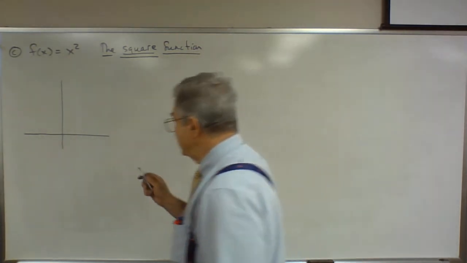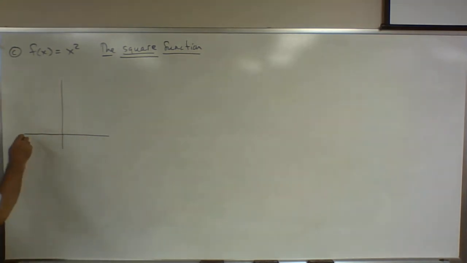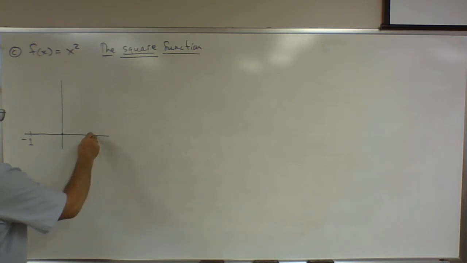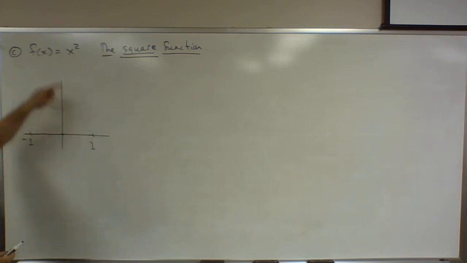I'm going to take x values, -1, +1, and 0, and I'm going to take these 3 values of x and plug them into the function to get my x squared.